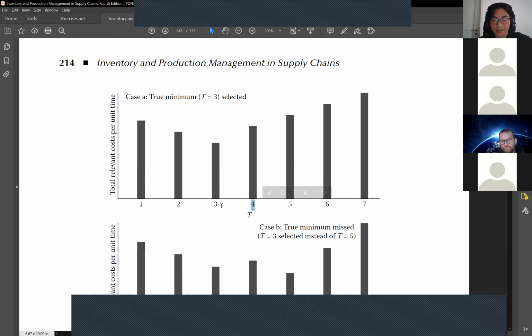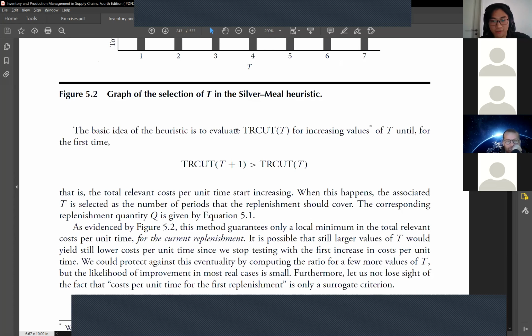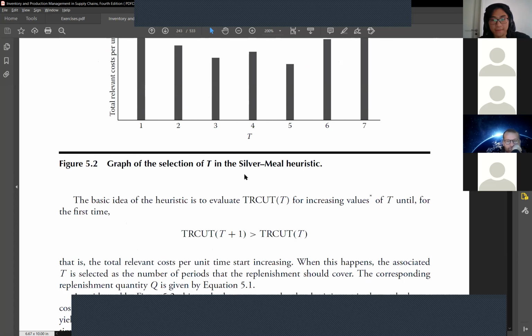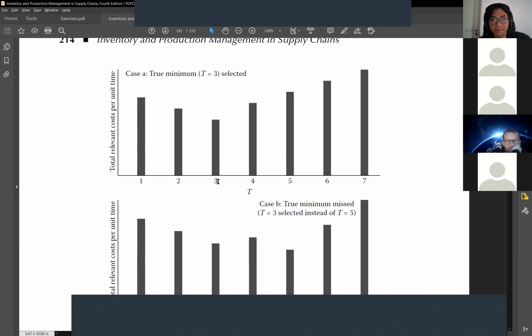That means, according to the heuristic, we use the magic number of t equals 3. That means we supply the demand of the first 3 months, right? And then we start from the 4th month, and then we do this whole thing again and calculate another t.